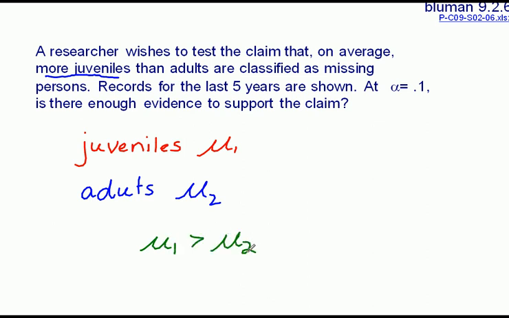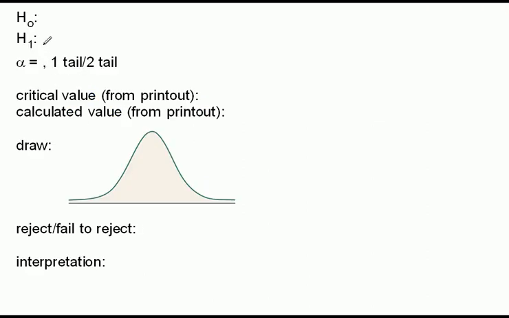But sometimes that gets a little confusing with using Excel, so I'm going to reword it. My hypothesis: juveniles are more than adults.